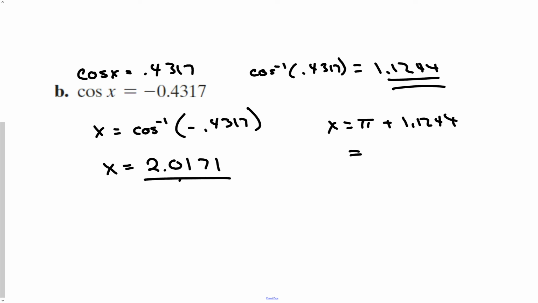So this is my first angle, which can just be gotten from a calculator. However, you can't get the other angle without getting the reference angle. So we just add pi to this, and we get 4.2660. Okay. And those are my two answers. Second quadrant, third quadrant. The two places where the cosine is negative.